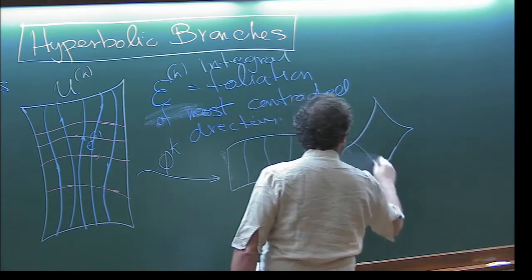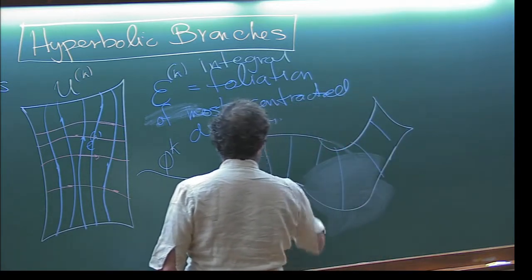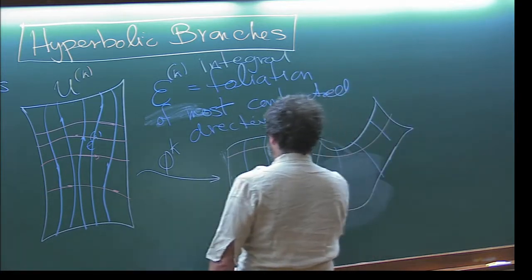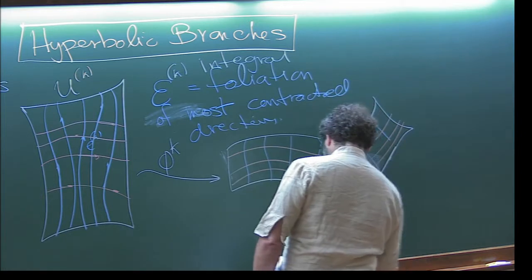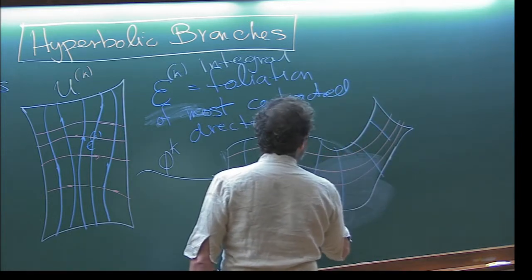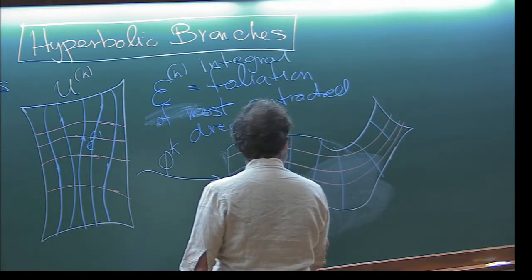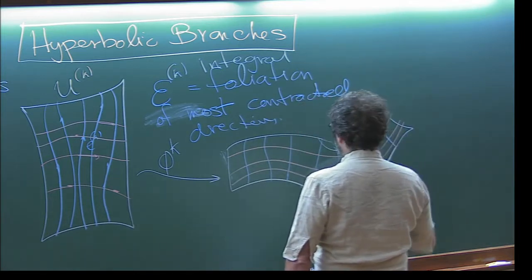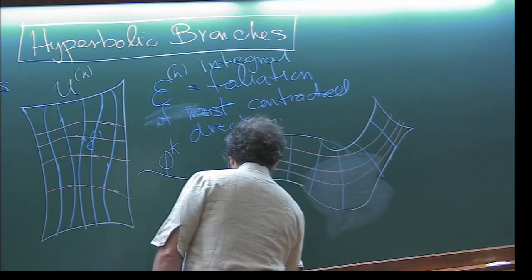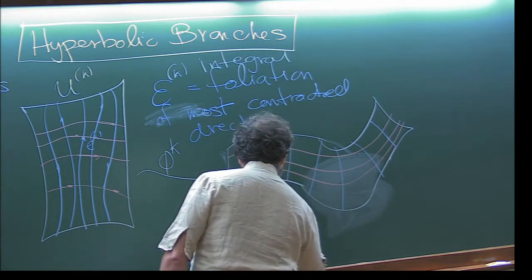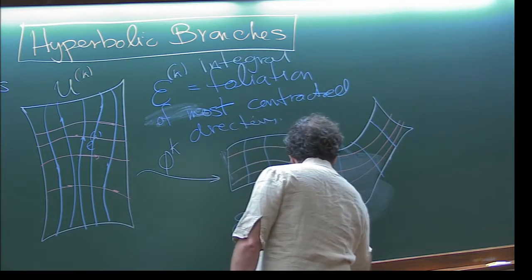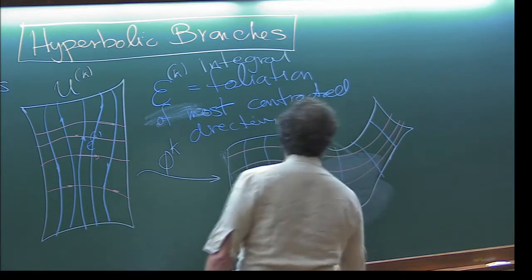So these foliations, the images, we will denote by EKK and FKK.